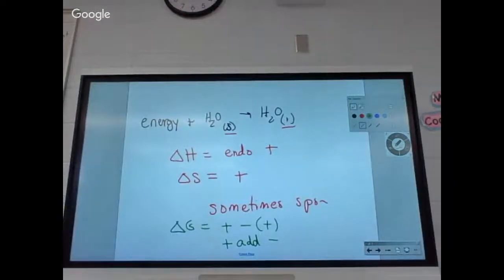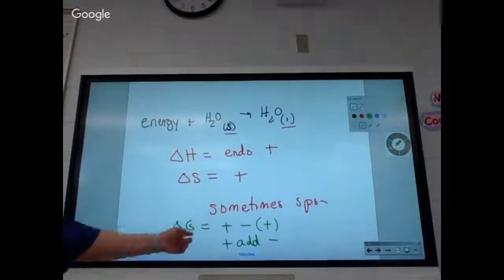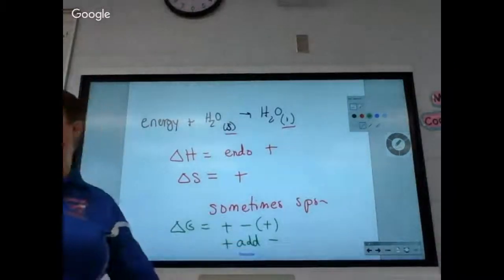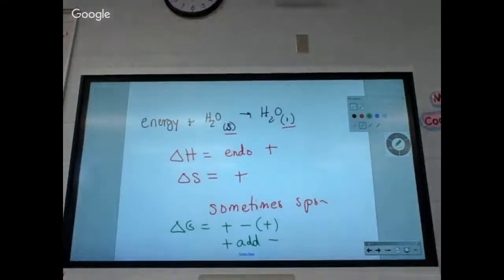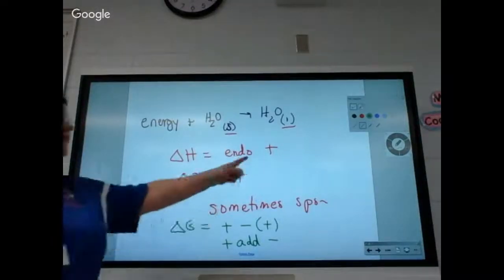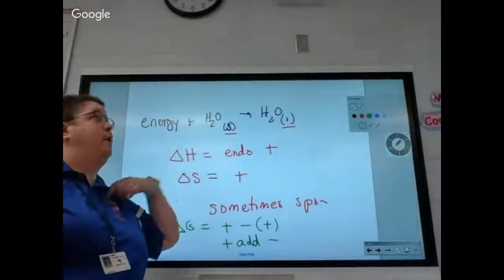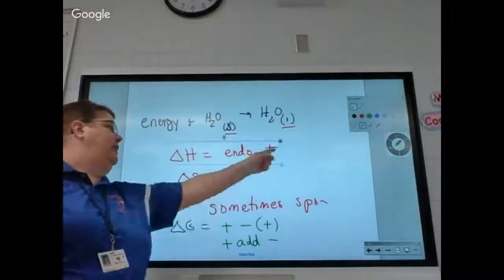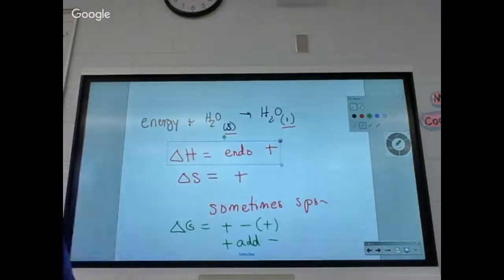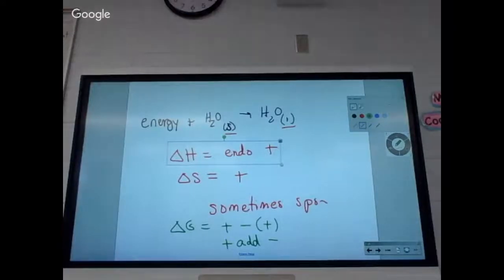Can you figure out what the number is without the actual numbers if you have a positive and a negative? No, you need the numbers to know. So anytime they're both the same sign, you have to have the numbers to know whether it's always or never.